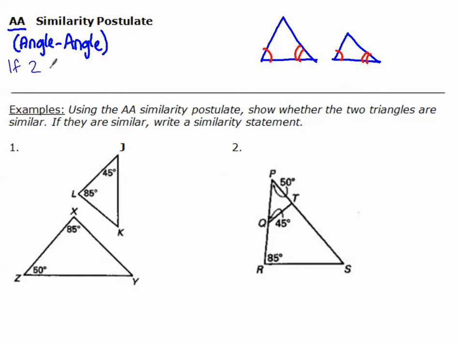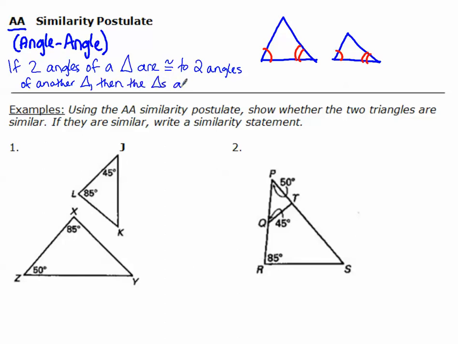If two angles of a triangle are congruent to two angles of another triangle, then the triangles are similar.